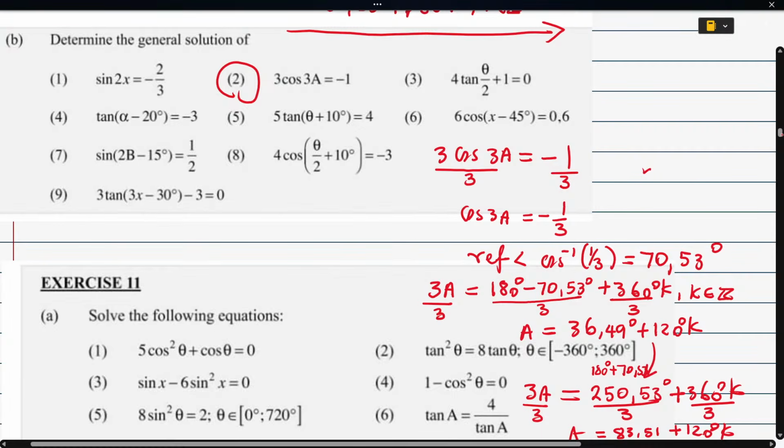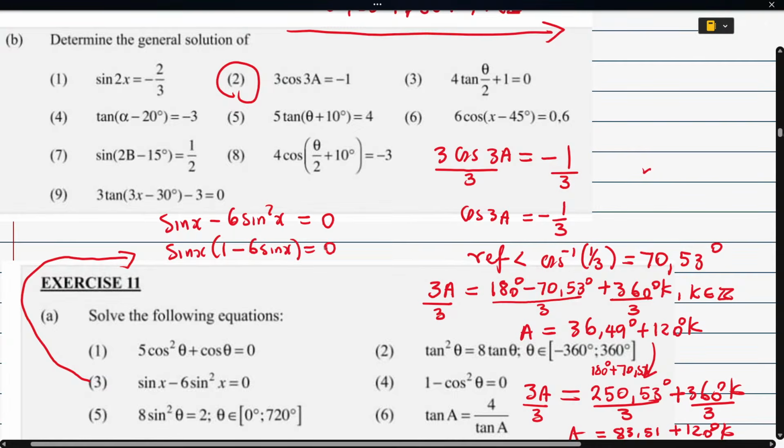Let me pick number 3: sine x minus 6 sine squared x is equal to 0. It's another type of general solution. Here you need to take out a common factor first. So you will say sine x into 1 minus 6 sine x is equal to 0.